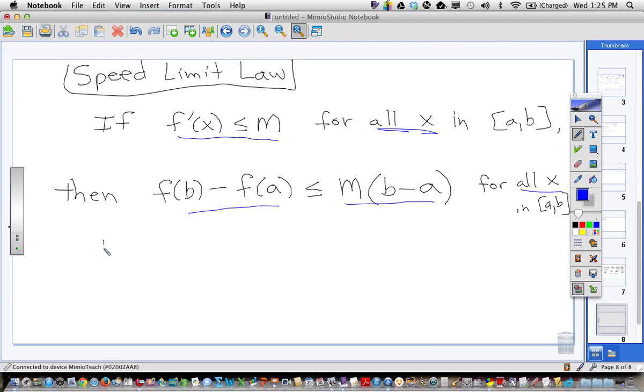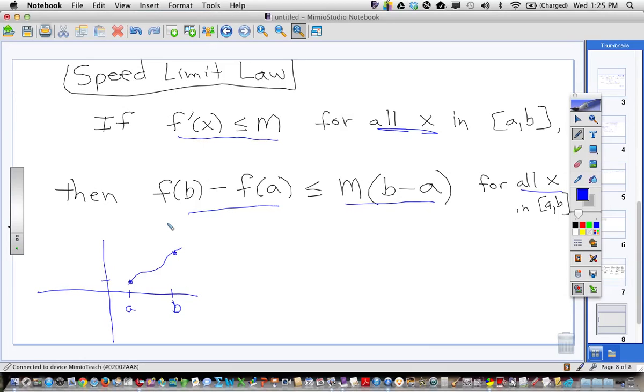So let me draw a little picture over here. Let me put A, let me put B, and we'll just put some kind of function in there, like so. Now, first of all, something we just got into talking about for this last quiz. When you see f of b, you should think what?